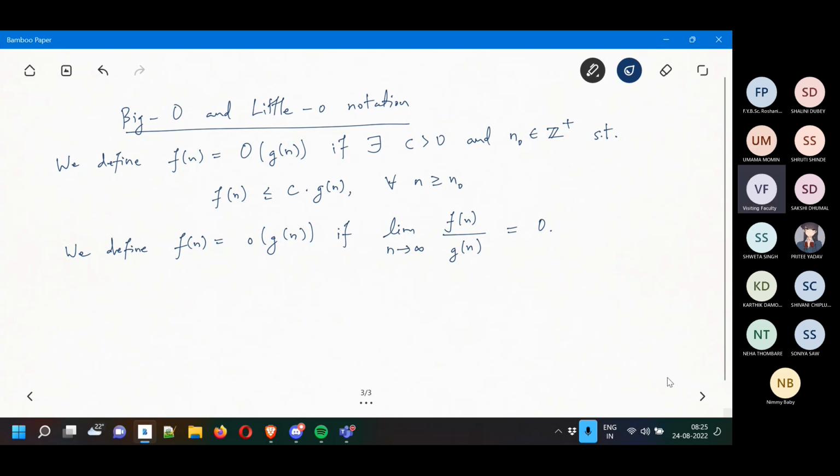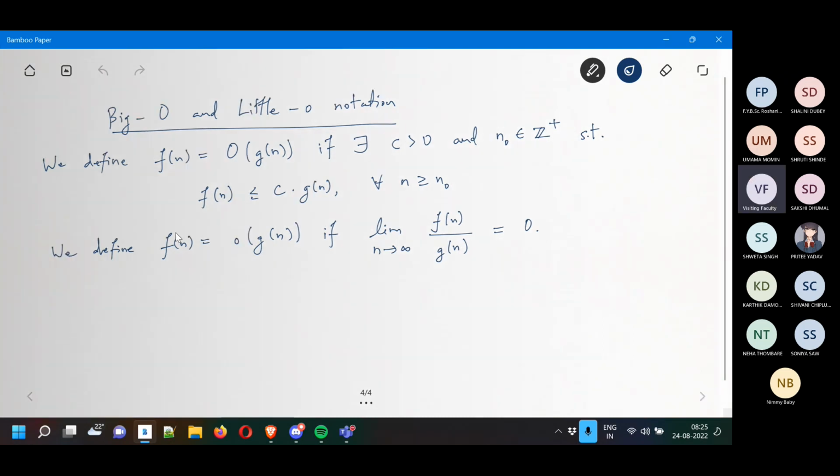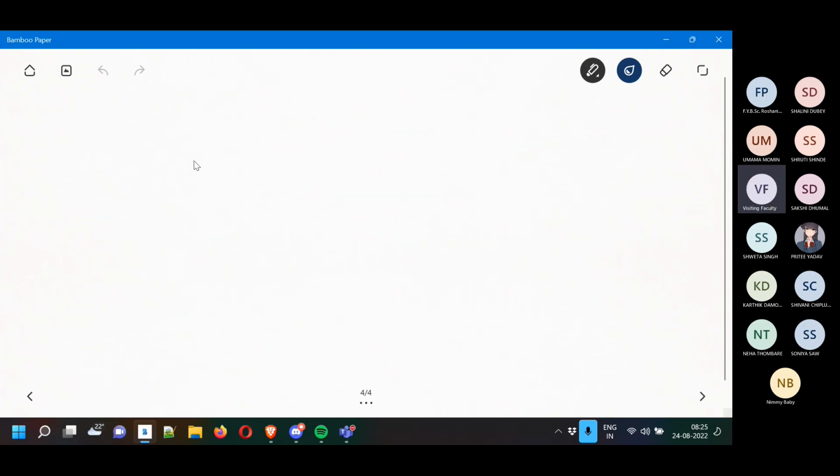So now let me go to another set of definitions, which is sort of a mirror image of the definitions that we have already seen. This is big omega and little omega notation.